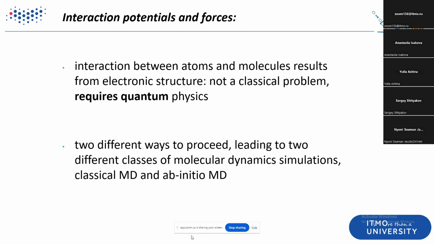Therefore, two different ways to proceed, leading to two different classes of molecular dynamics, can be devised. The first one is classical molecular dynamics, and the other is ab initio molecular dynamics, where you could determine all the information from the quantum mechanics equations.